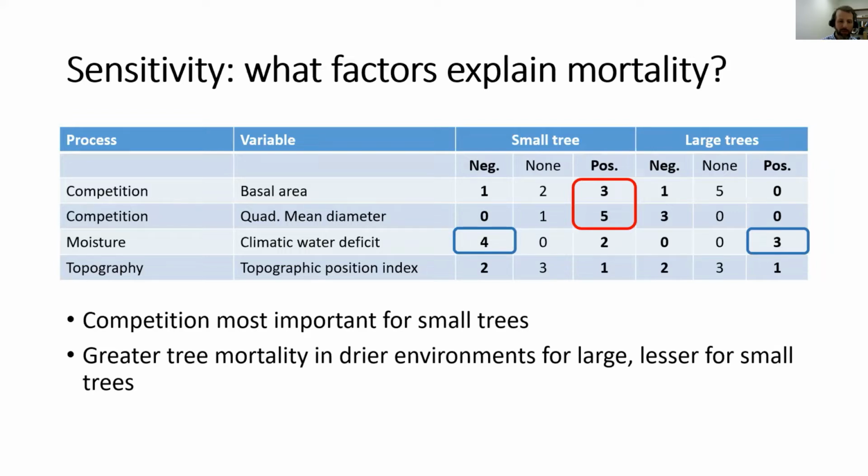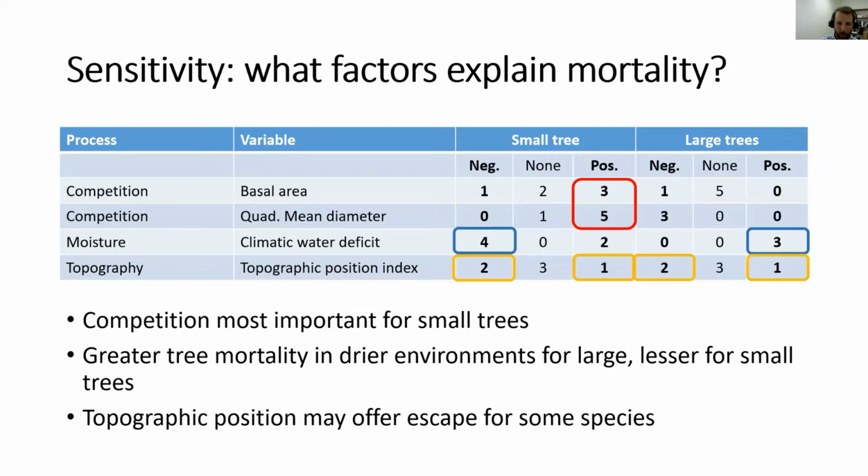For moisture, we saw that for small trees there was a negative effect of climatic water deficit on mortality, but for large trees, there tended to be more of a positive effect for more species. And then for topographic position index, there wasn't a clear direction one way or the other for larger trees, but for about half the species, there did seem to be some topographic constraint, so maybe some topographic escape from mortality agents or stressful conditions.